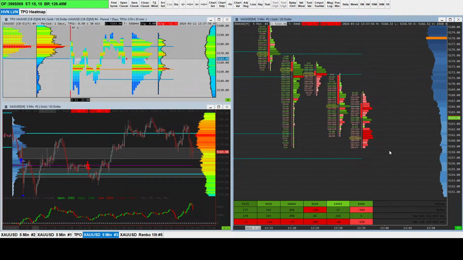So I'm gonna go with one micro if I were to buy. Very nice. Very nice. I just need this candle to close now.